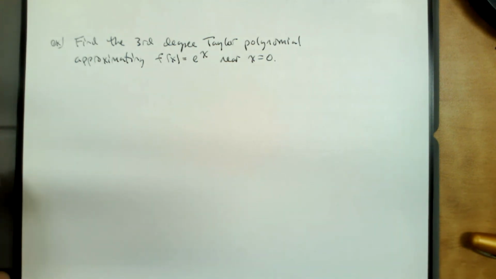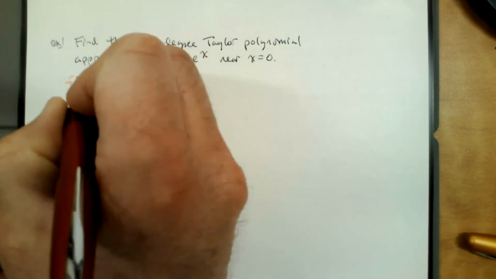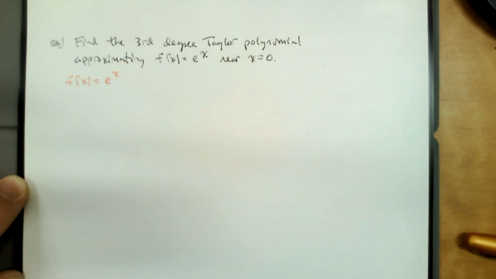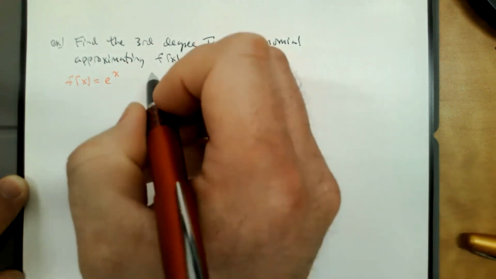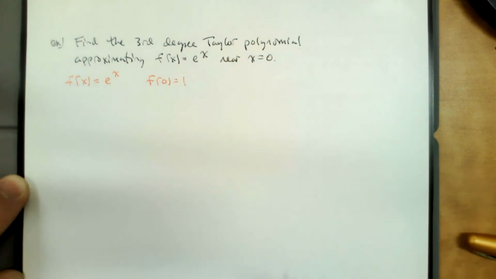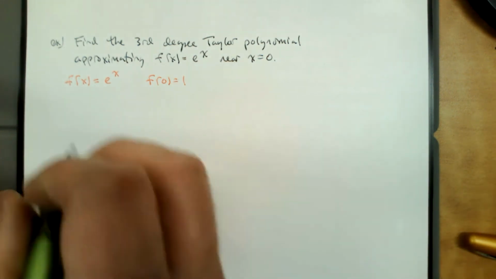I need to take my function. So f of x is e to the x. I need to evaluate it at 0. That's the first thing we need. We need 3 derivatives evaluated at 0 and the value of the function.